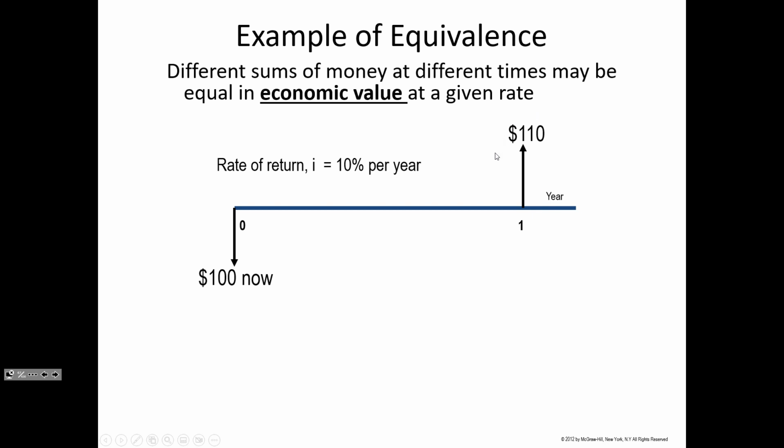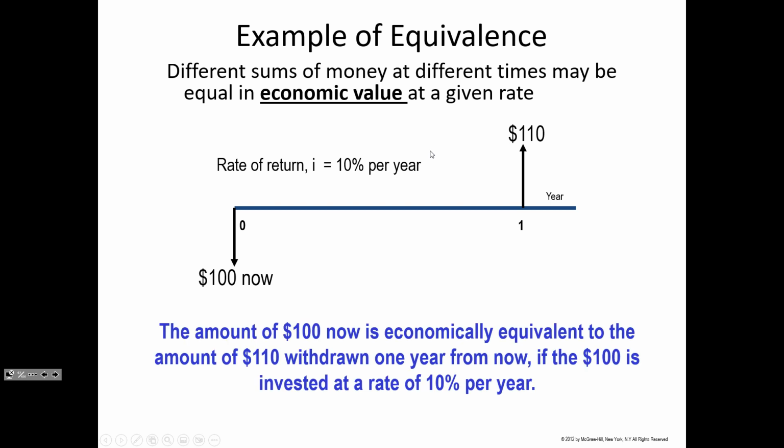Now, we're not saying that a withdrawal and a deposit are the same thing because one is an outflow and one is an inflow. But the magnitude of the difference is economically equivalent. So if you deposit $100 now, then you're entitled to a withdrawal of $110 1 year in the future. But it's important to keep the sign in mind.